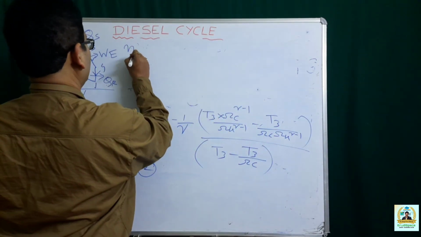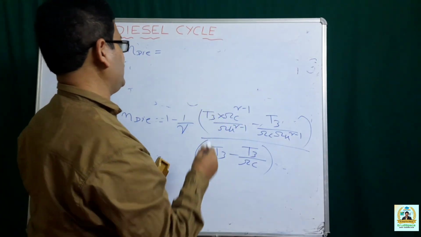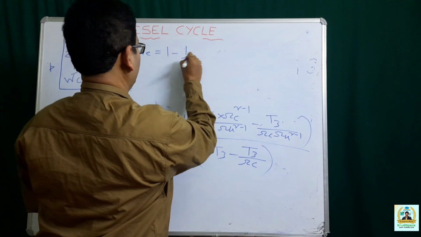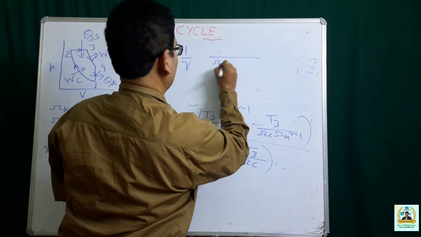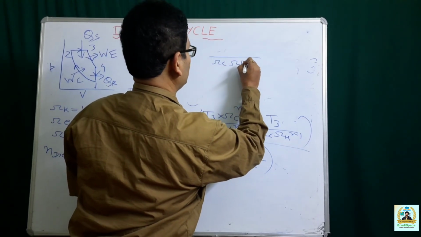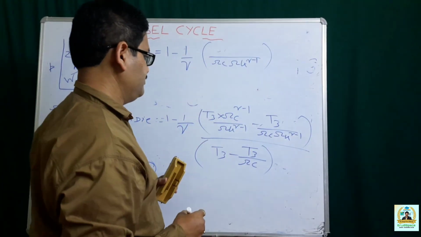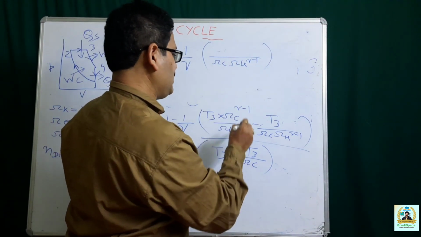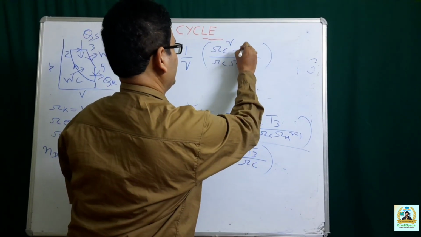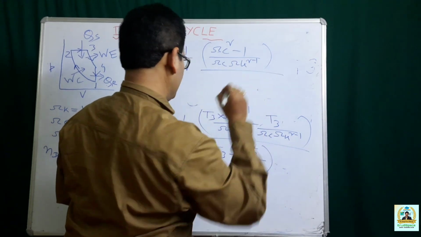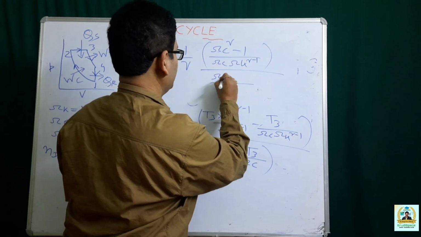Now efficiency of diesel cycle becomes, T3 can be eliminated from both numerator and denominator. LCM is Rc into Rk to the power gamma minus 1, Rc to the power gamma minus 1 into Rc, this becomes Rc to the power gamma minus 1, divided by, LCM is Rc, this is Rc minus 1.